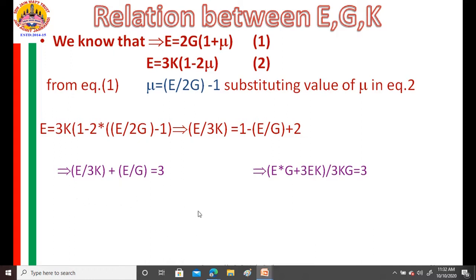E is multiplied with 3K. So now take 3KG on this side, it will become 9KG. And take E common from here. What you are going to get? G plus 3K. Therefore, finally it will be 9KG divided by G plus 3K.